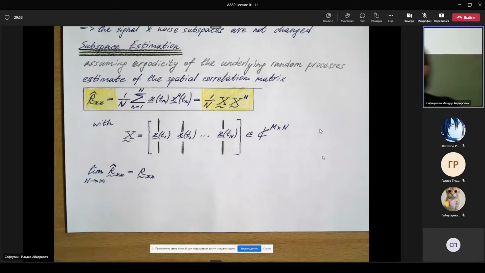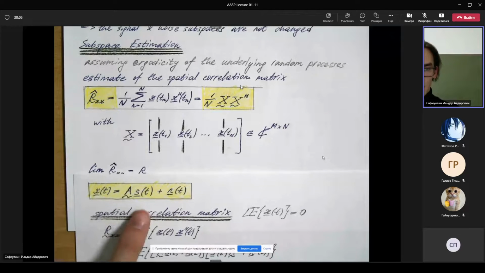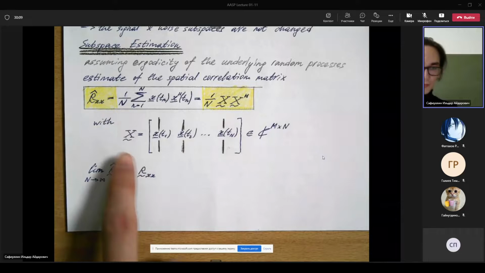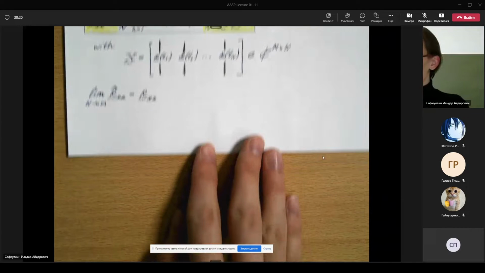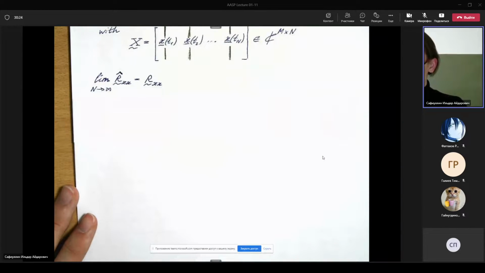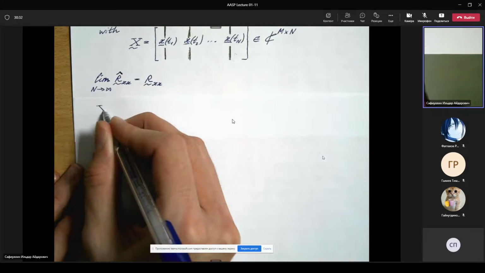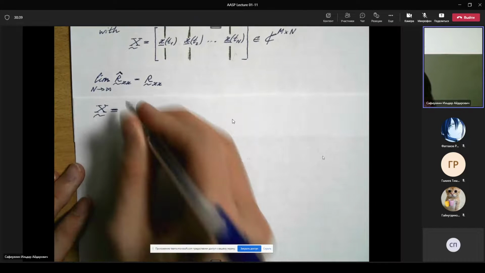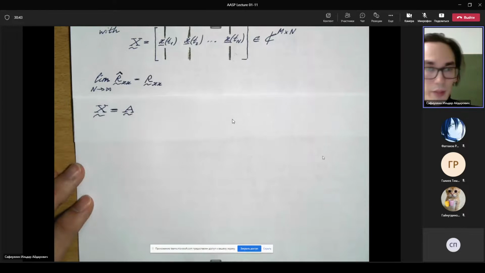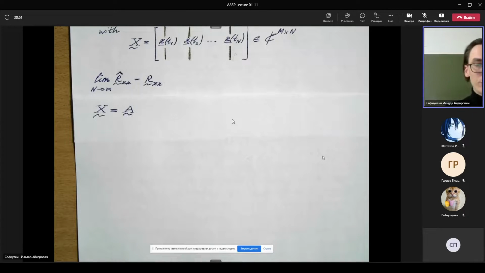And then, of course, we can rewrite the measurement vector x of t equal to A times s plus n of t using this X. And what we'll have in this case for the measurement vector equation: instead of the vector, we will have a matrix X. So here matrix X is equal to A times the matrix of sources for time T1, T2 up to TN.